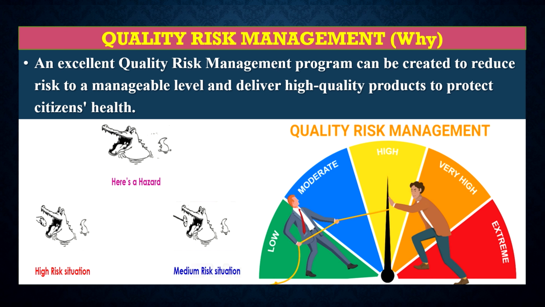So like this we need to understand, we need to reduce the risk in the process or facility or quality systems to a manageable level, like extreme to very high, high to moderate, moderate to low. So this is the reason why we need to apply QRM in the pharmaceutical industry or quality management systems, to reduce that risk to a manageable level.